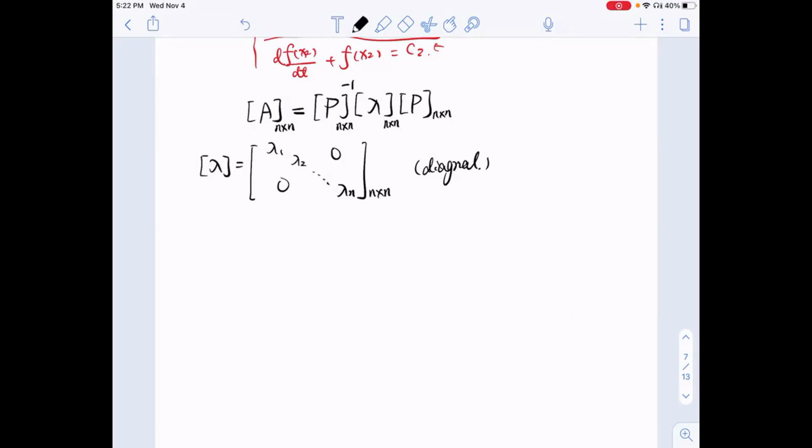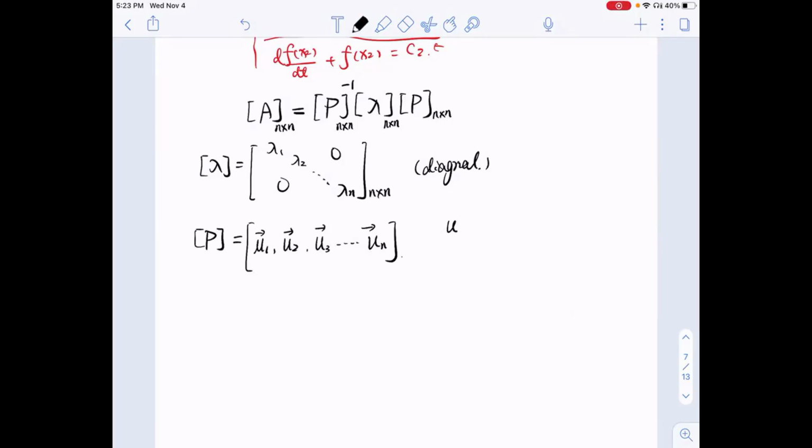Since your lambda is diagonal, the P matrix has U1, U2, U3, all the way to UN. These U's are column vectors.